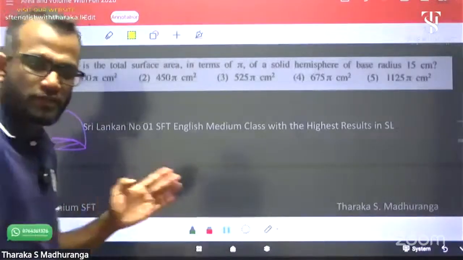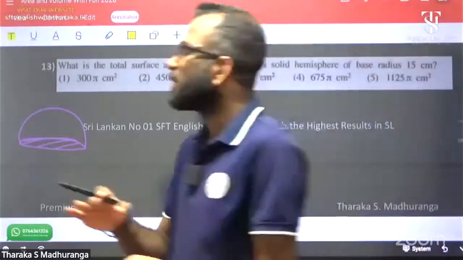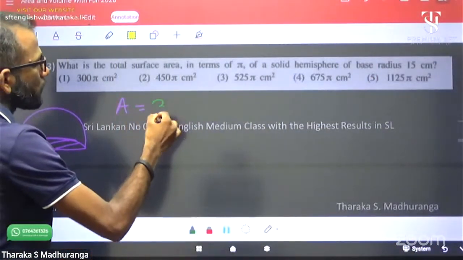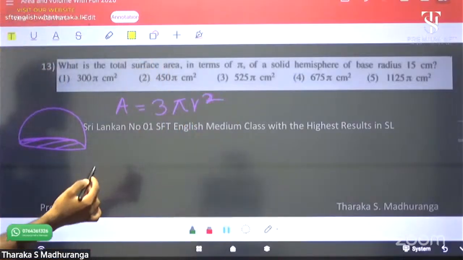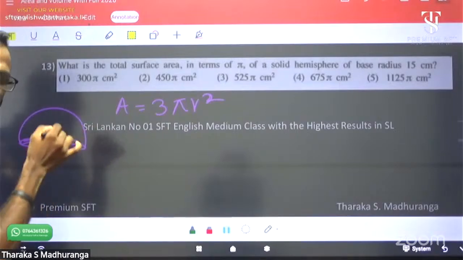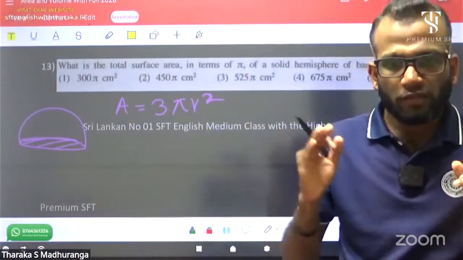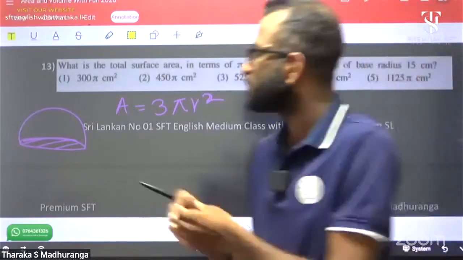How many surfaces? Curved surface and base circular surface, right? Then what is the equation? The area equals 3 pi r squared. The curved surface is 2 pi r squared plus the circle, pi r squared. It is 2 pi r squared plus pi r squared, which is 3 pi r squared, right?